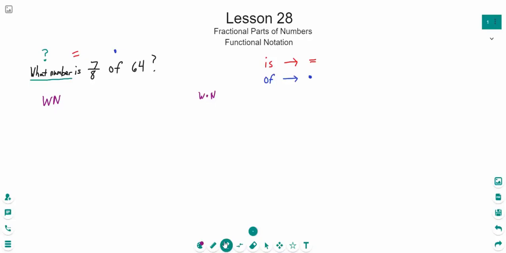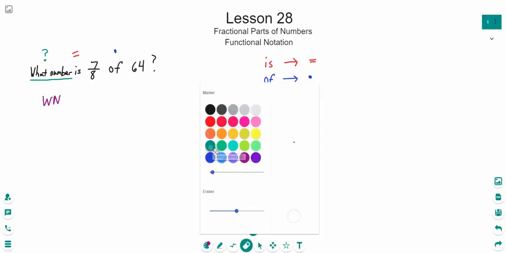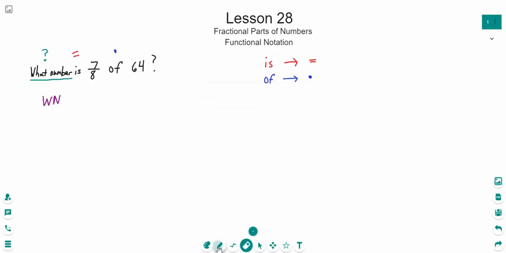We wouldn't have had to do that. We could have written it as just a W, or we might have just written it as a number. But in this case, just to make it clear what it represents, we'll use the letters WN. We'll capitalize both of them just to show that they're together. Let's make sure that's clear. That's just one variable.